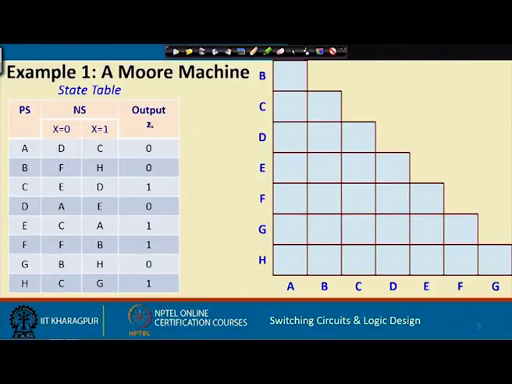Now, you see the implication chart looks like this, as I have shown here. I am not showing it as a square matrix, because I need to keep one square cell for every pair.